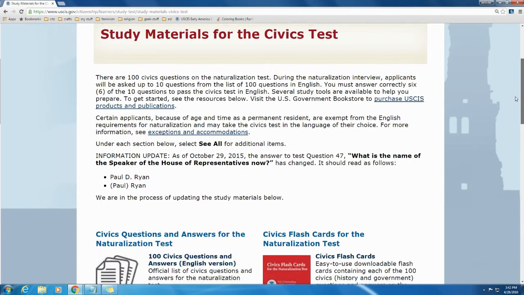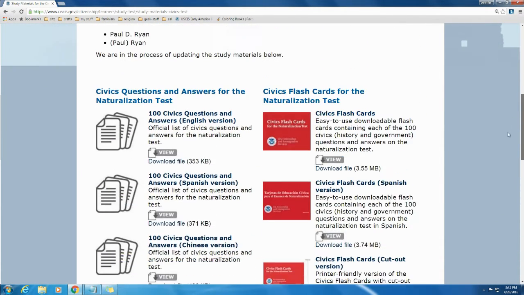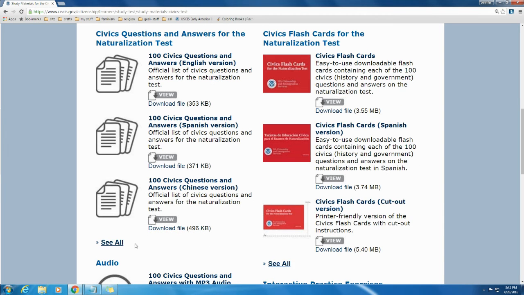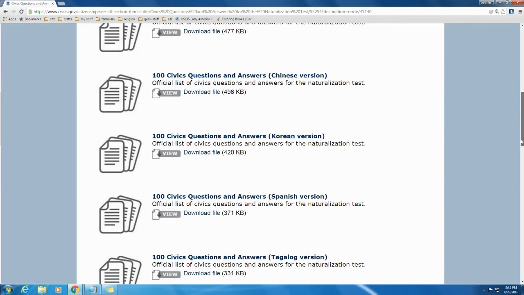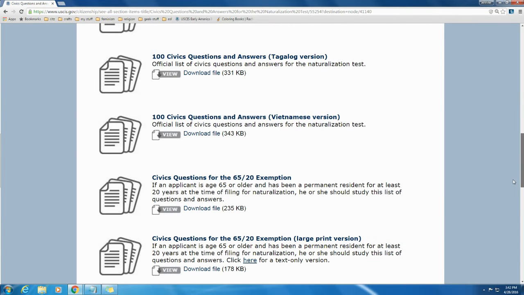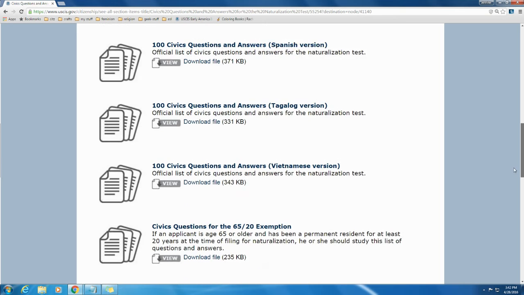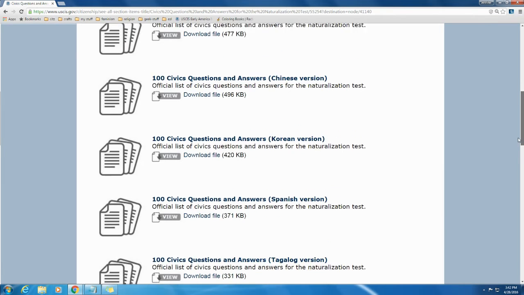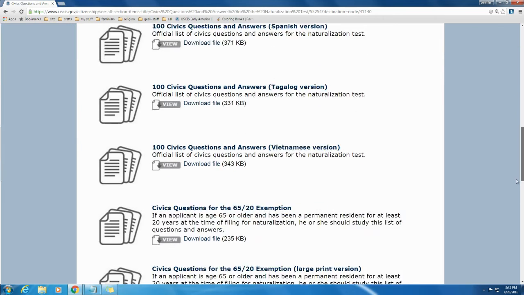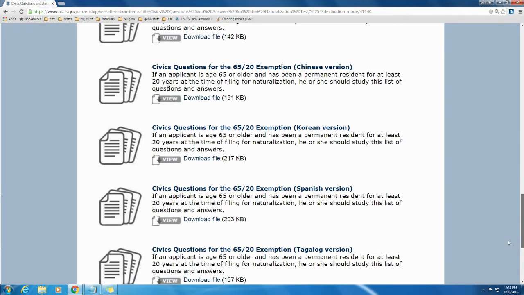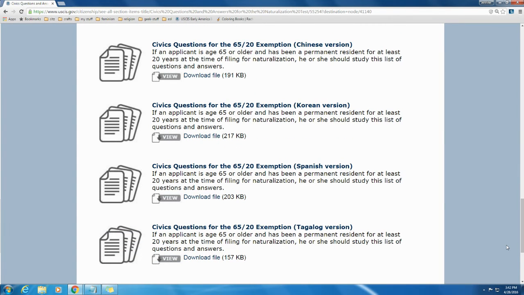We're going to step back one and let's go to the civics test. Here we have study materials for the civics test. Again, we have questions in multiple languages, or PDFs in multiple languages. We have PDFs in Vietnamese, Tagalog, Spanish, Korean, Chinese, Arabic, English, and also we have the PDFs for people who are older than 65 and have been a permanent resident for at least 20 years.